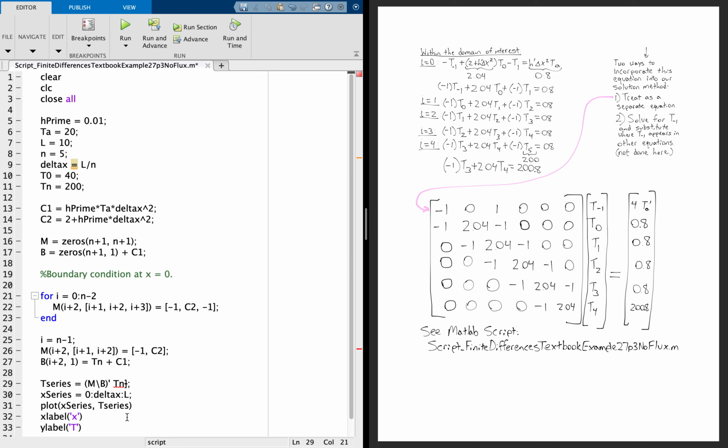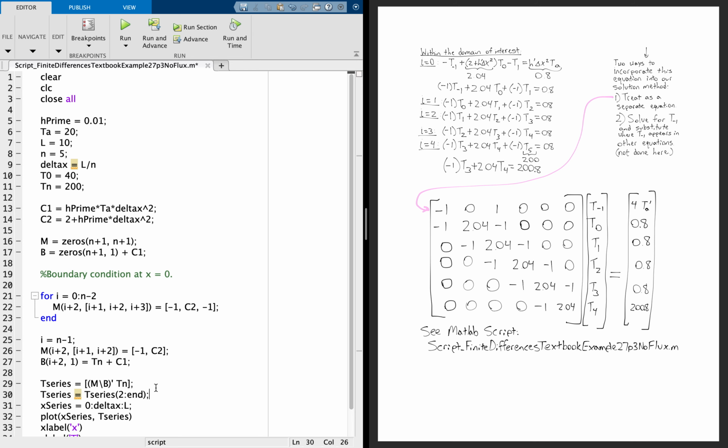And then when we solve, we're not so interested in T negative 1. That's a virtual point. So we'll start off by solving this, and so the solution is going to have T negative 1 to Tn minus 1. So we'll just add Tn to that. And then what I'll do is I'll say T series equals T series 2 colon end.